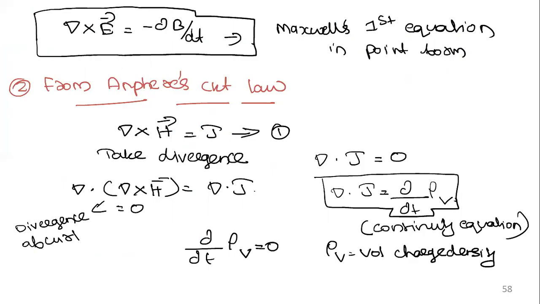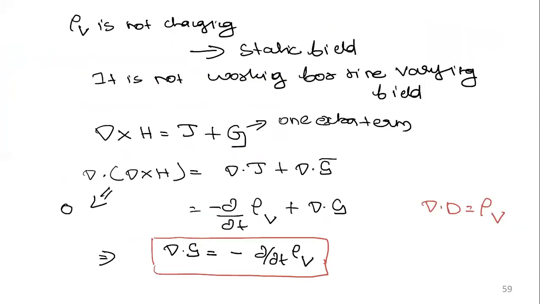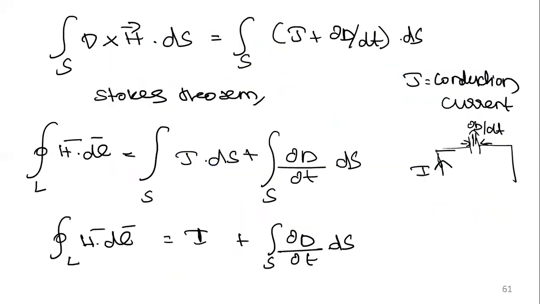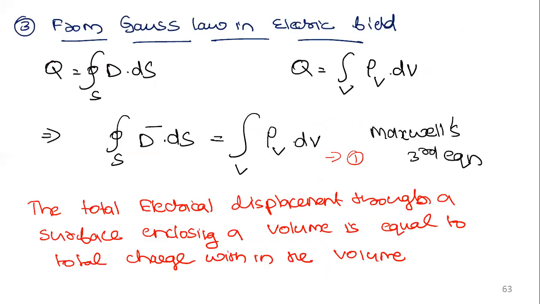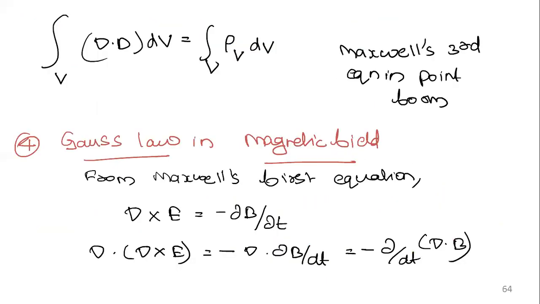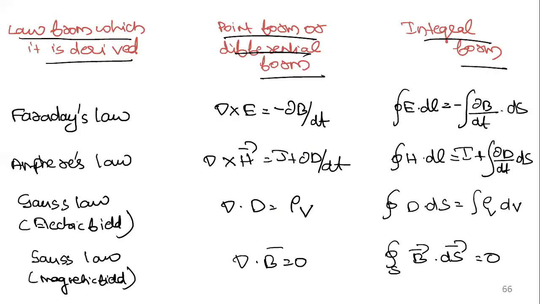Then from Ampere's circuital law we did the derivation, and we brought in one extra term, the displacement current. I gave the example of a capacitor. Then we went to Gauss law in electric field, D dot ds, and then Gauss law in magnetic field, and this is the summary for all the 4 equations.